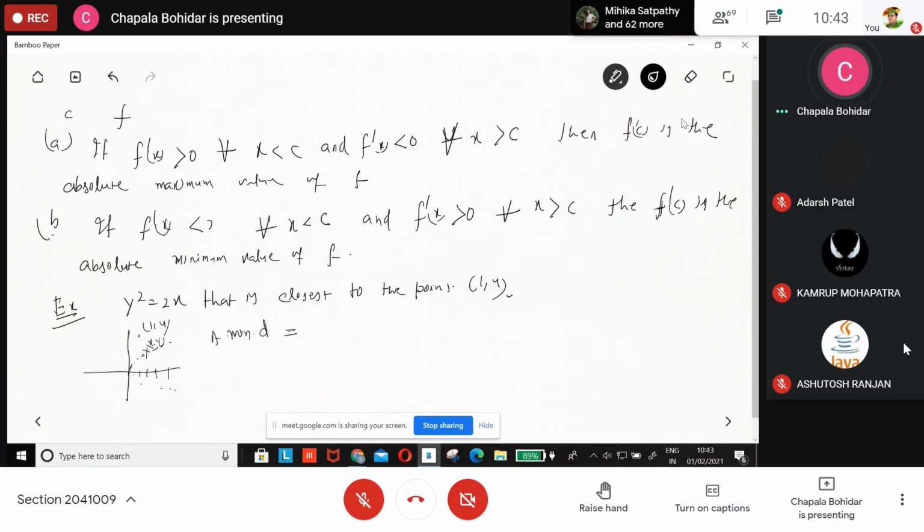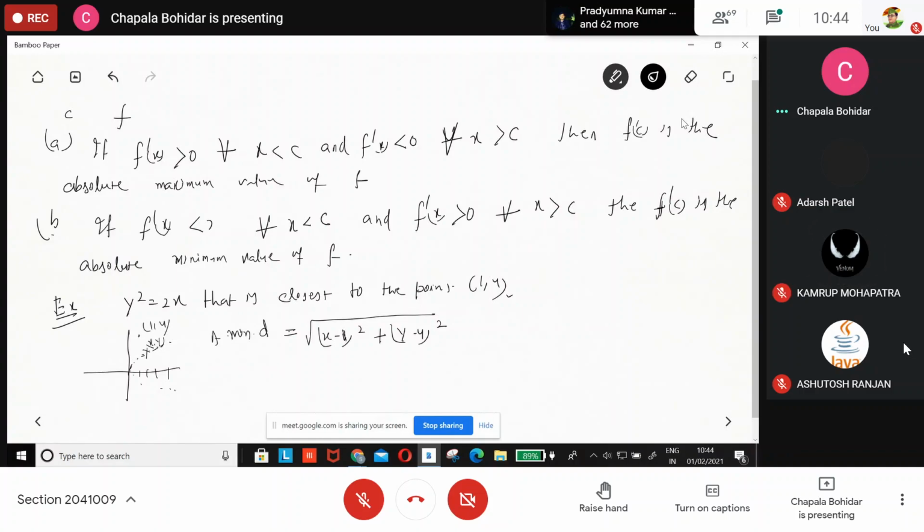It is given point x, y and given point 1, 4. The formula is root over of x2 minus x1 whole square plus y2 minus y1 whole square. So d is root of x minus 1 whole square plus y minus 4 whole square.